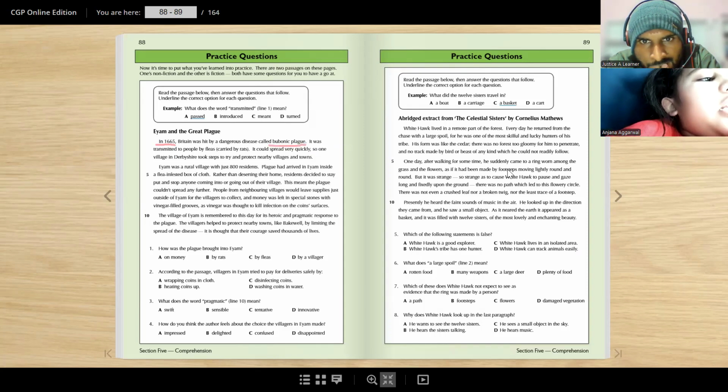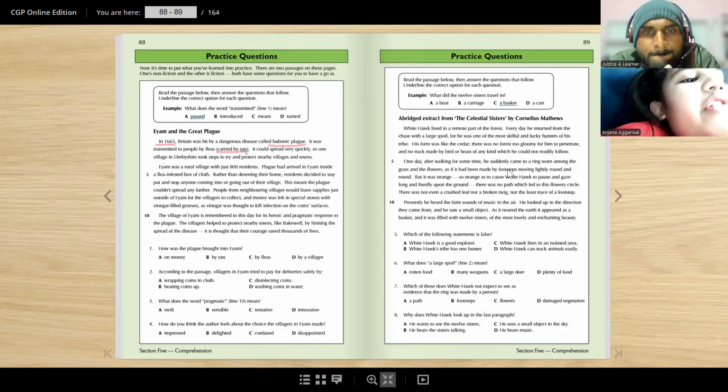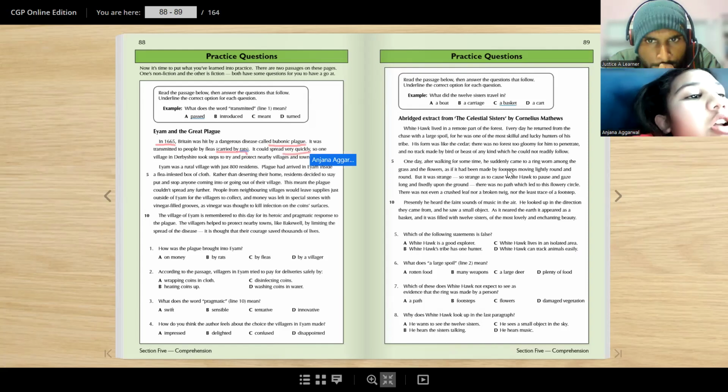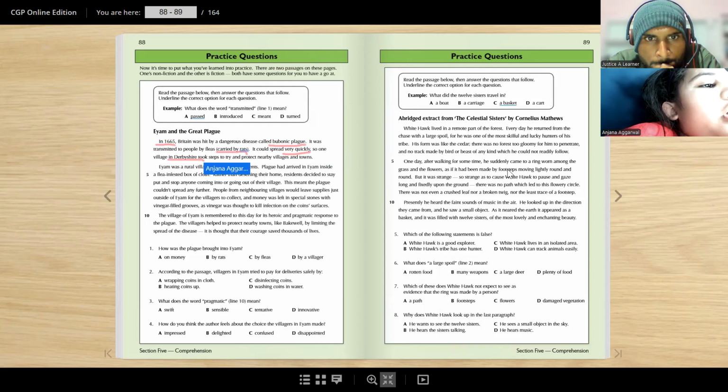It was transmitted to people by fleas carried by rats. This is definitely going to be in a question, the rats part. It could spread very quickly. So one village in Derbyshire took steps to try and protect nearby villages and towns.